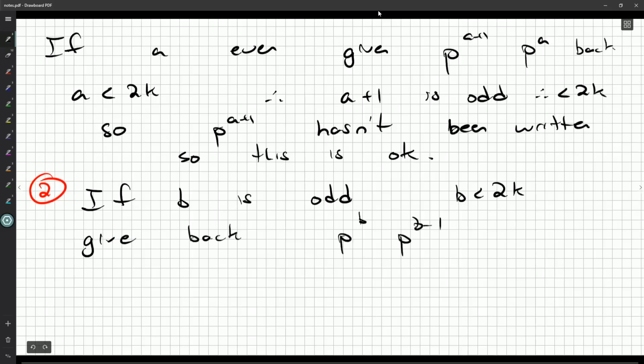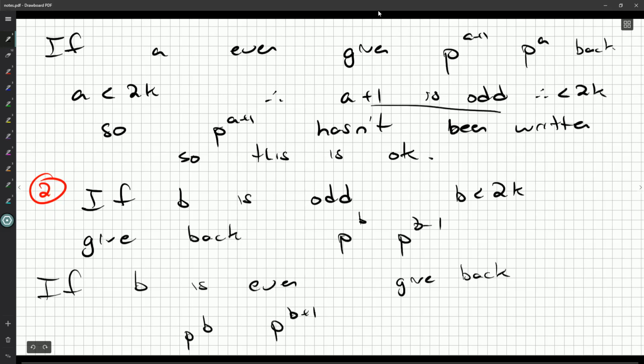Same reasoning, it should still work. If b is even, give back p to the b plus 1. Again, same reasoning, it should still work. b plus 1 is odd. It's less than 2k, so it hasn't been written yet.